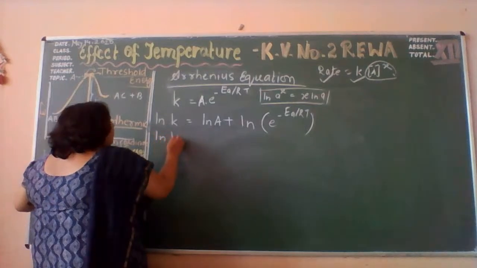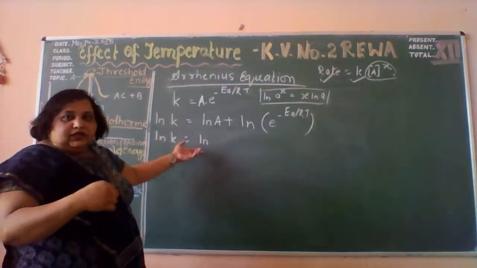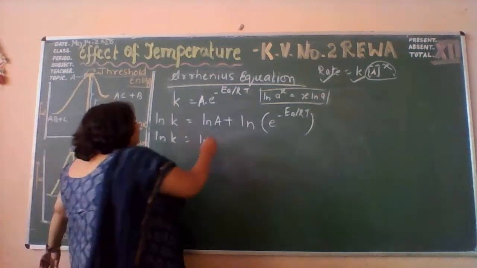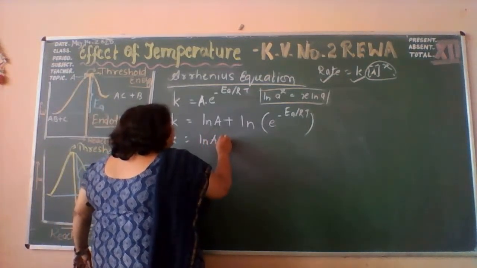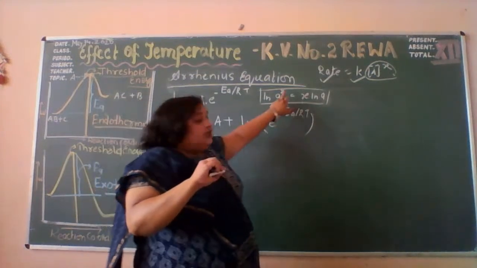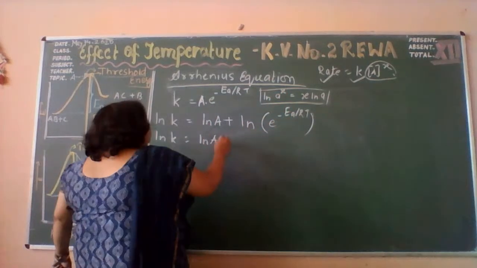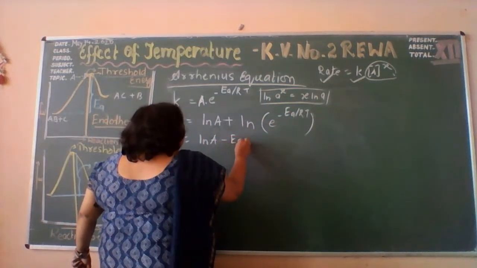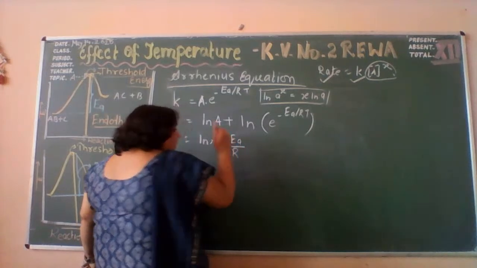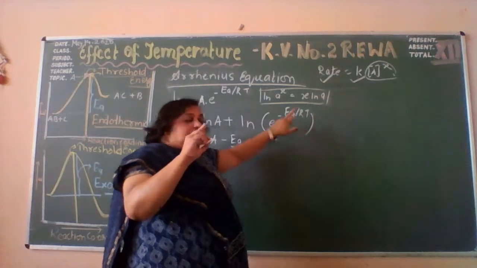Log k is equal to log, natural log I have taken everywhere till now, A plus, the power is in the minus, here the x is in the minus. If you compare, this will be minus Ea upon RT, where R is the gas constant, very important, and T is the temperature in Kelvin.